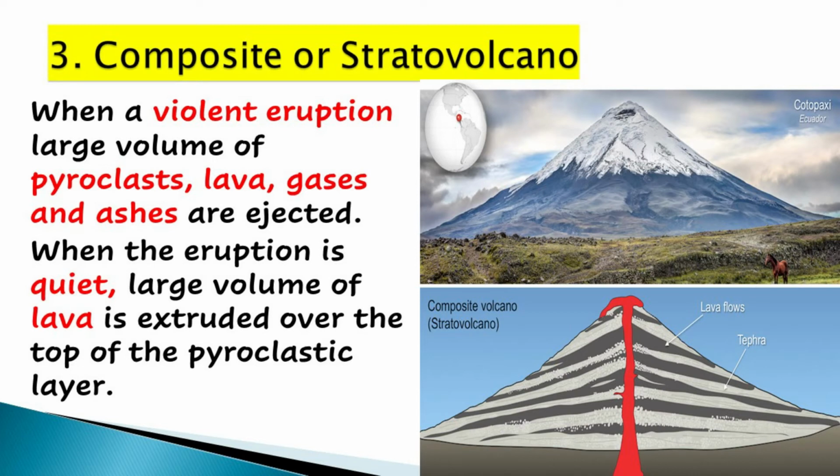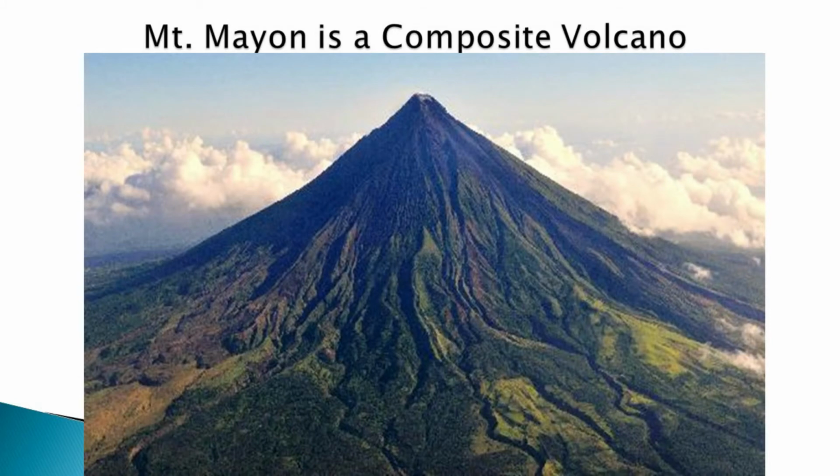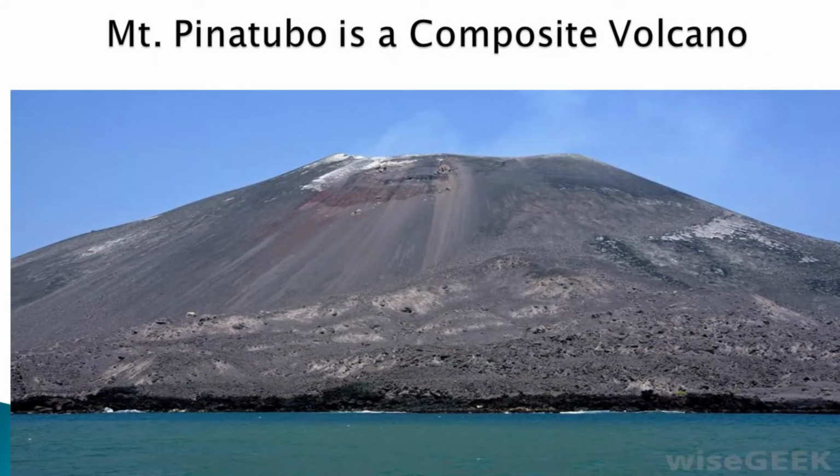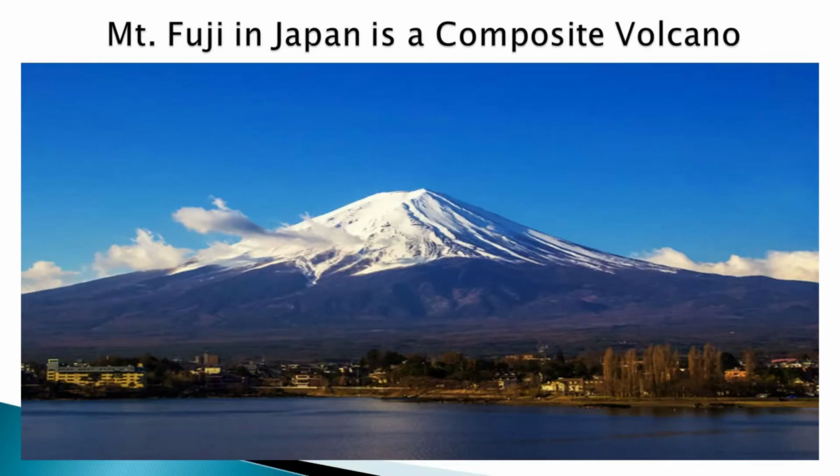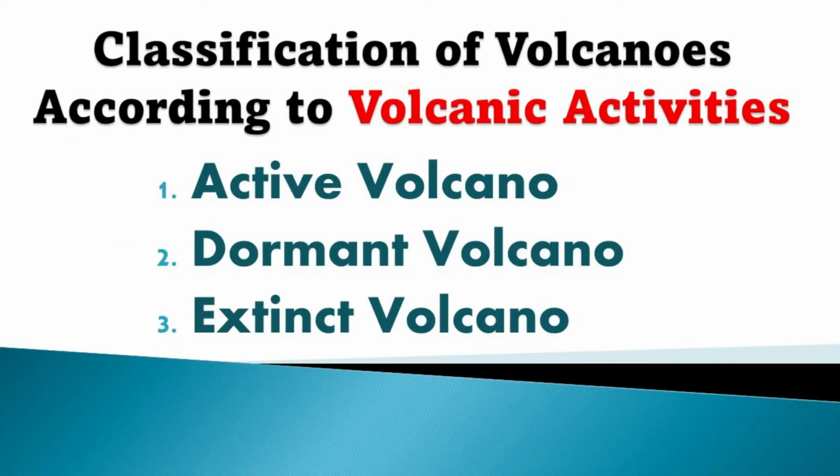When the eruption is quiet, a large volume of lava is extruded over the top of the pyroclastic layer. Mount Mayon is a composite volcano. Mount Pinatubo is a composite volcano. Mount Fuji in Japan is also a composite volcano.